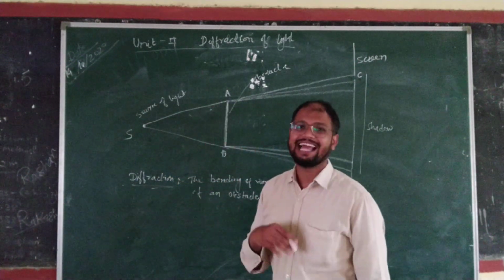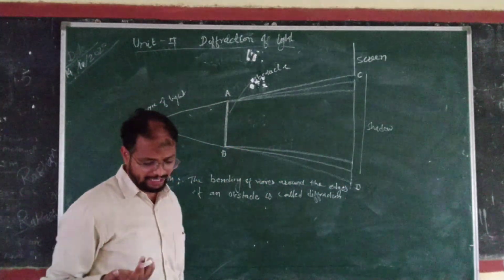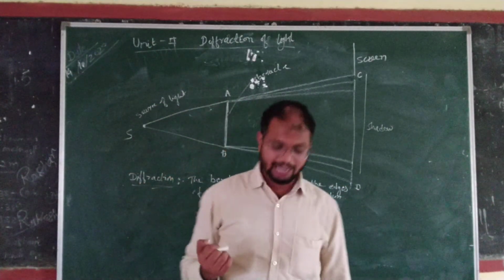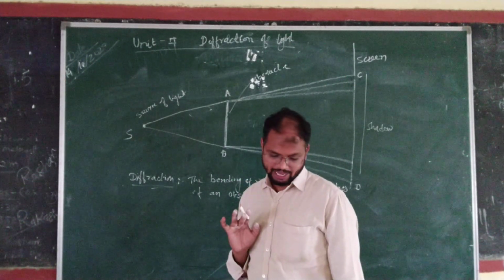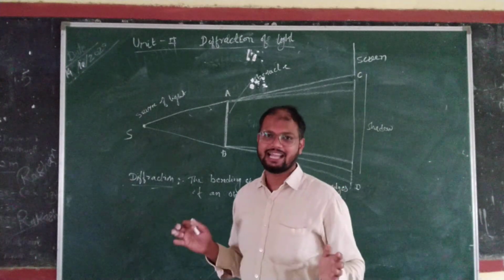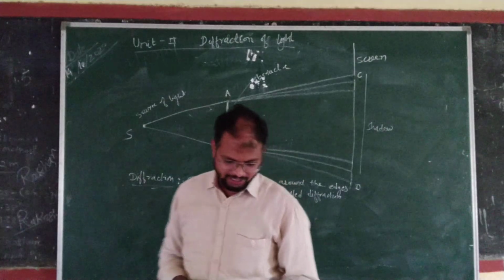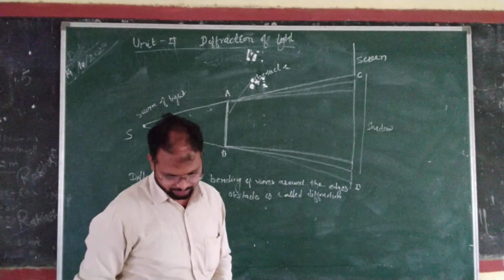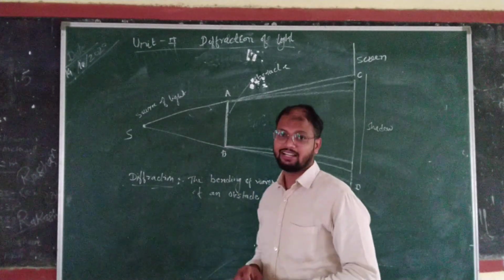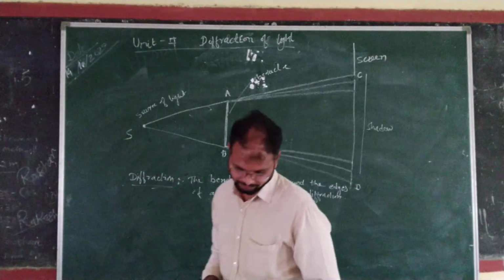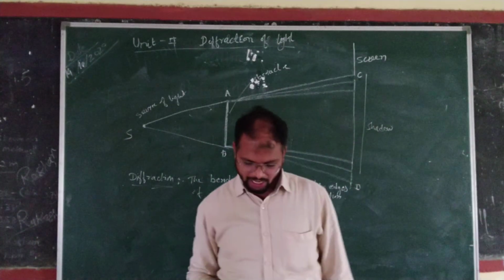When the opening is large as compared to the wavelength, the waves do not bend round the edges of an obstacle. It means, when the obstacle is very large, the wavelength of the waves is not comparable to the obstacle, so the waves do not bend round the edges.